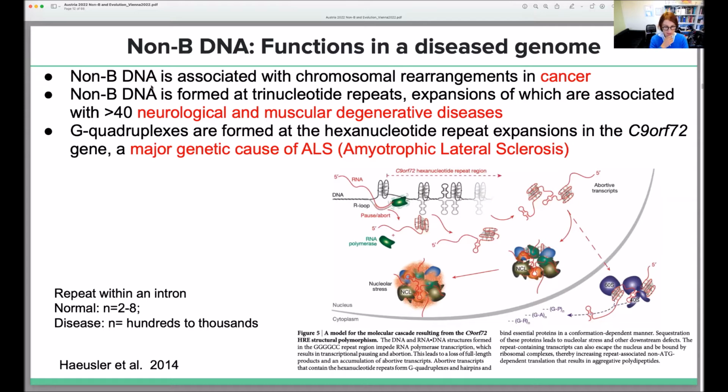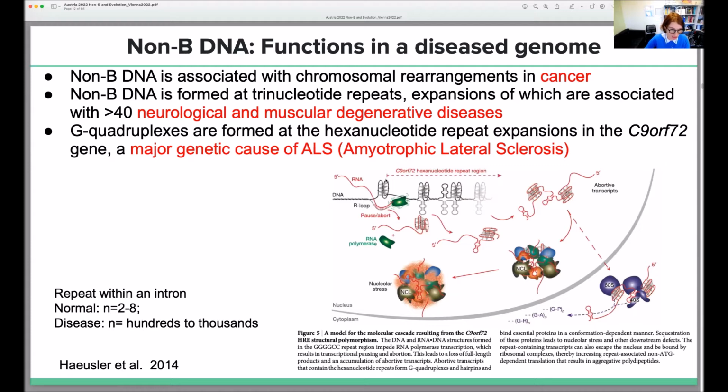And then another example, which I really like, is shown here: G quadruplexes in particular are formed at the hexanucleotide repeat expansions at the locus of C9orf72. And as a result, they are a major genetic cause of amyotrophic lateral sclerosis.